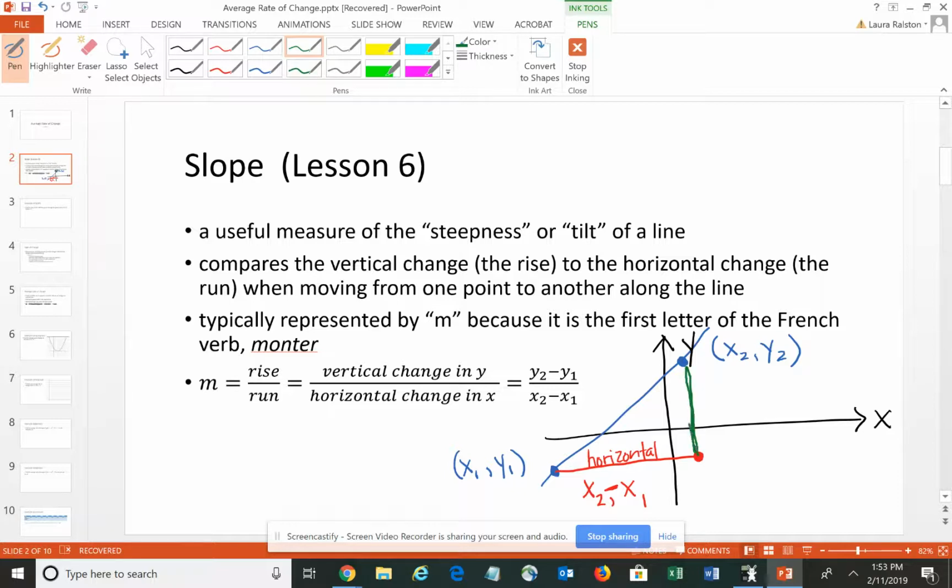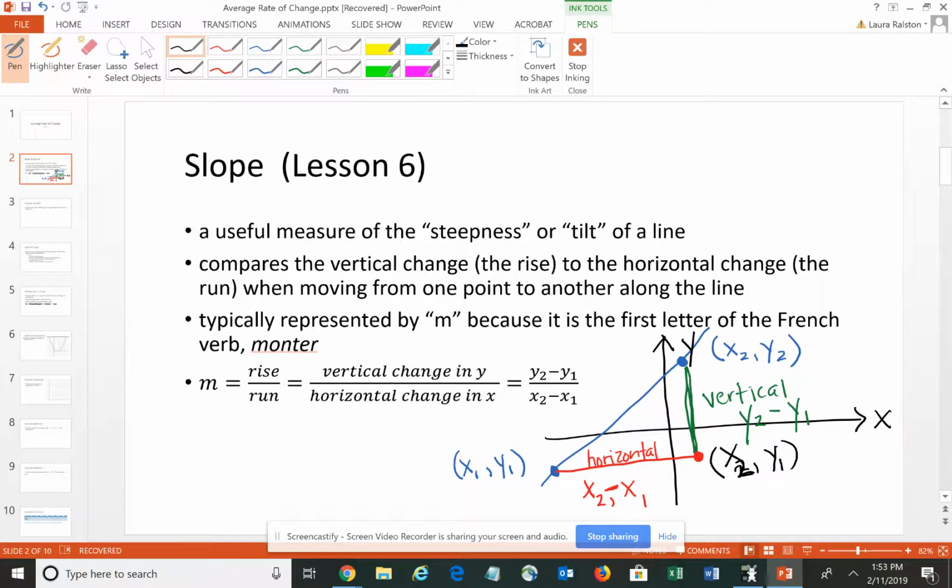So how steep is the hill? So this would be your vertical change. We're parallel to the y-axis, so it would be y2 minus y1. If you're curious, just so you'll know, this point in the corner, where you had to turn the corner here, would be x2, y1. Okay, x2, y1.